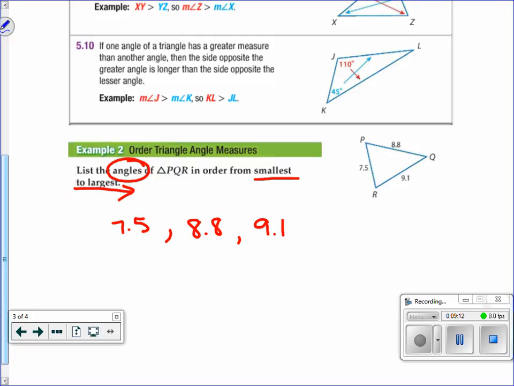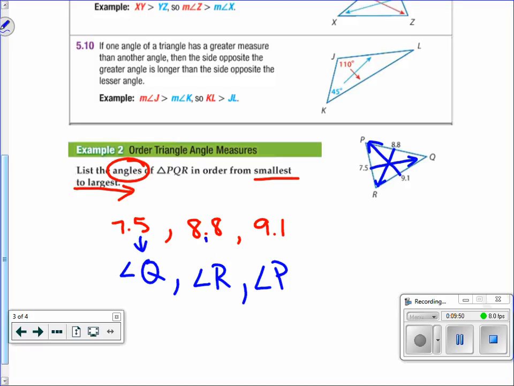In association with that, the opposite angle from 7.5 would be angle Q. Opposite from 8.8 is angle R, and opposite 9.1 is angle P. So 7.5 is the smallest side, so angle Q is the smallest angle. 8.8 is the next side, so angle R is the next one, and 9.1 is the largest side, so angle P would come after that.